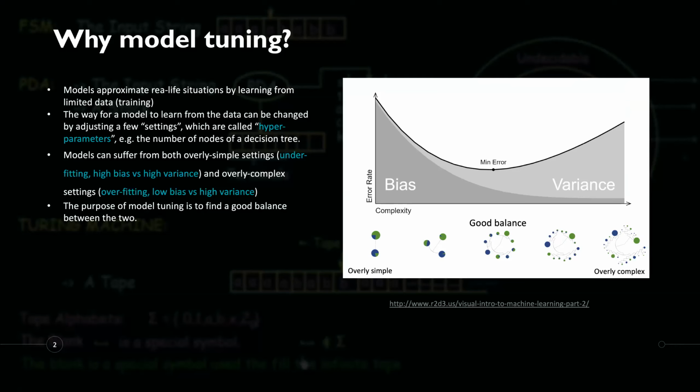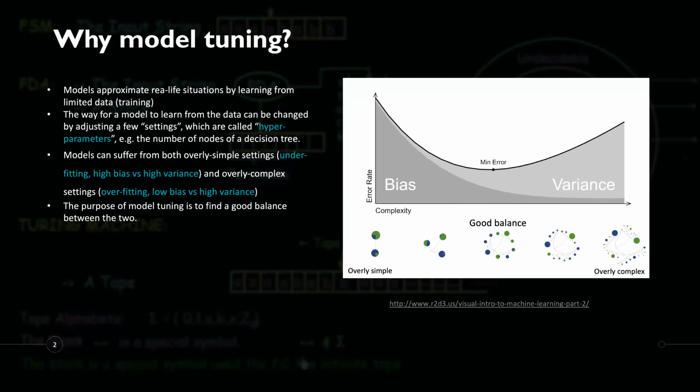The bias is basically the error observed by comparing the predictions against the training data, and the variance is the error against the test data.